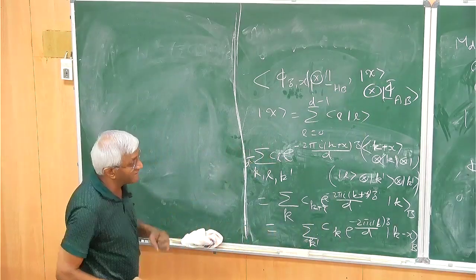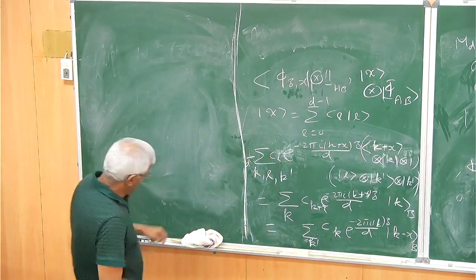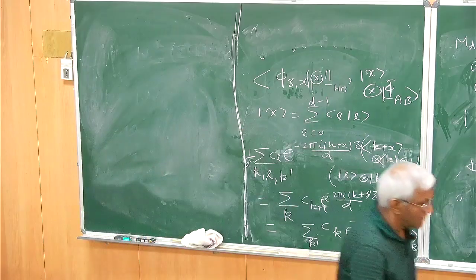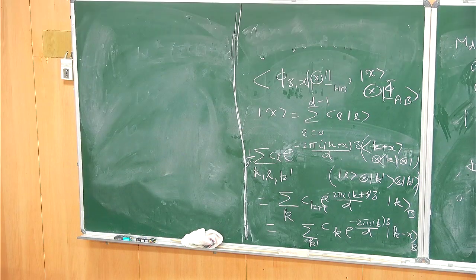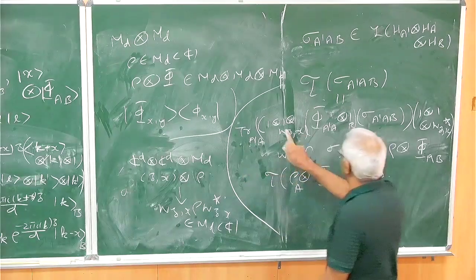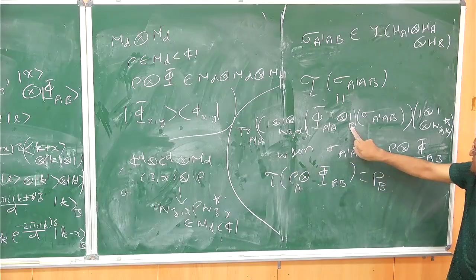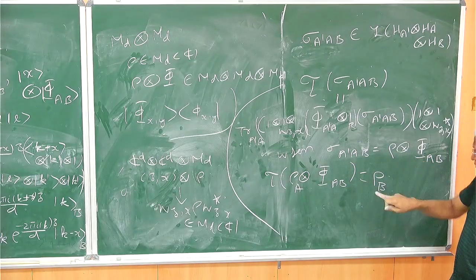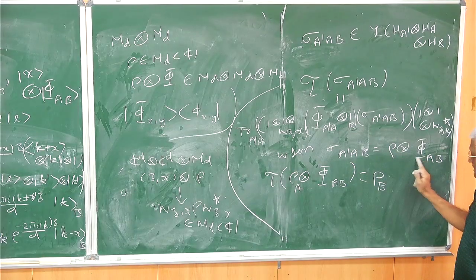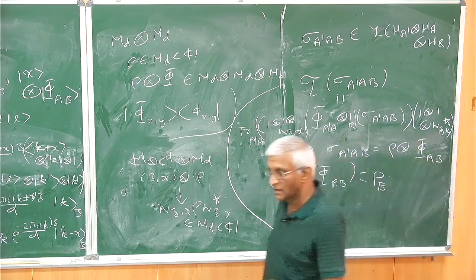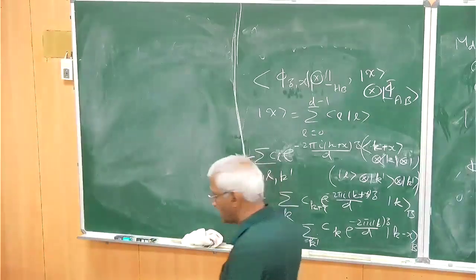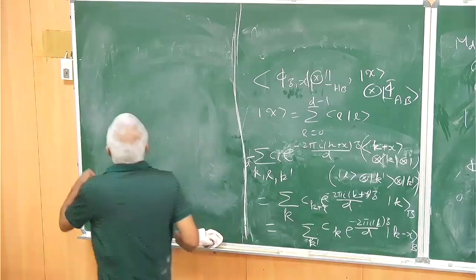Okay, I want to apply the tau. So one more thing. W is at 1 tensor that. This can go past this and you can take it here. So you will get it here. So let us just write it.